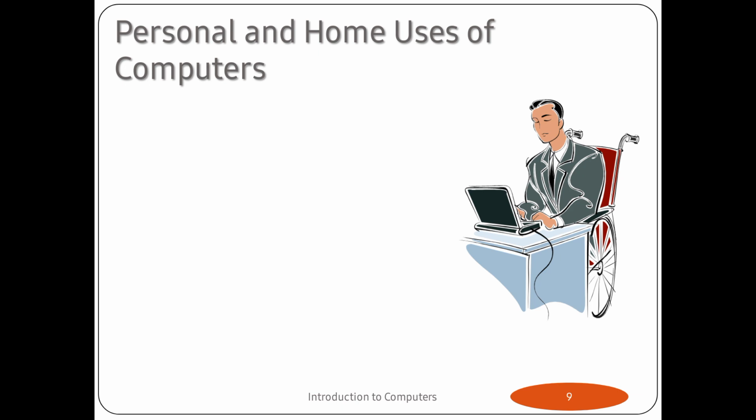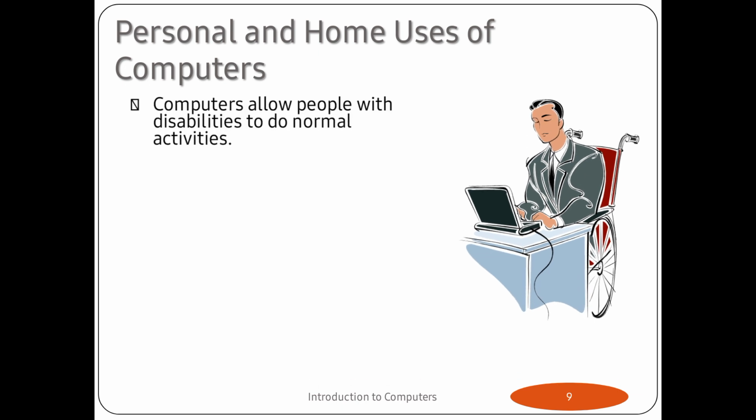Now let's look at the application areas of computers. We can use computers for personal and home use. Computers allow people with disabilities to do normal activities. These activities may include shopping online in various platforms like Amazon, Kilimall, name them.